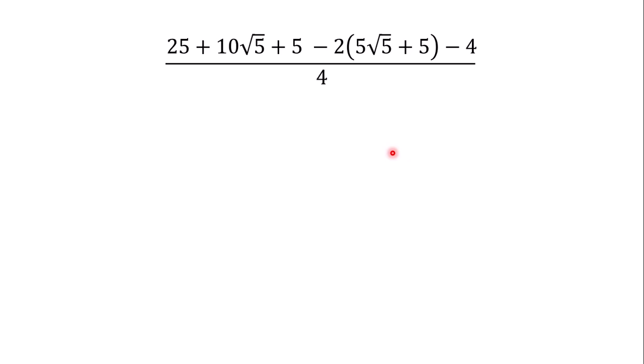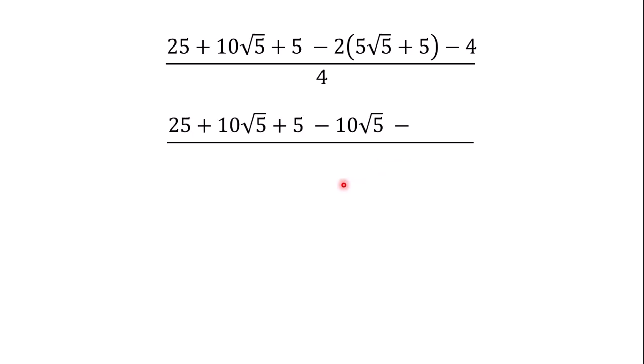Okay, good. Now, this is what you have gotten so far: 25 plus 10 root 5 plus 5 minus 10 root 5 minus 10 minus 4 all over 4. That is after opening all this bracket.